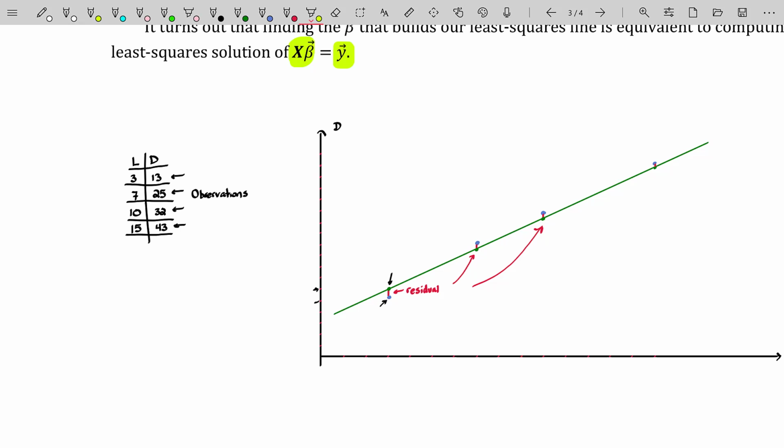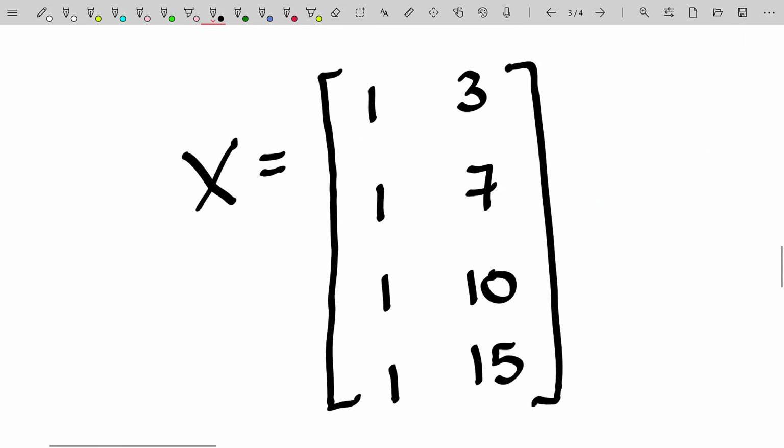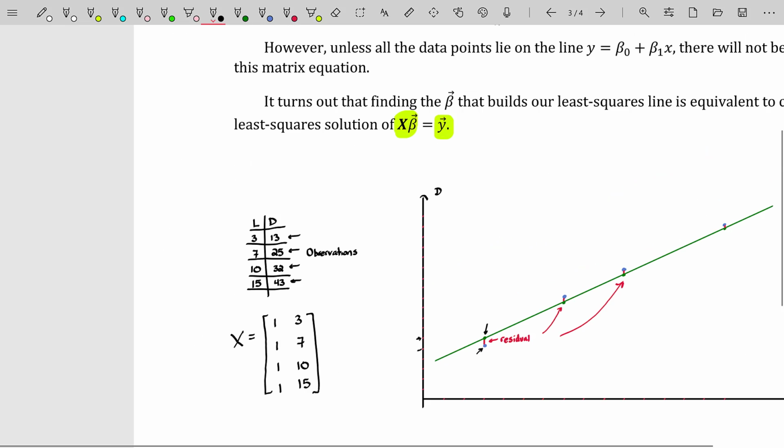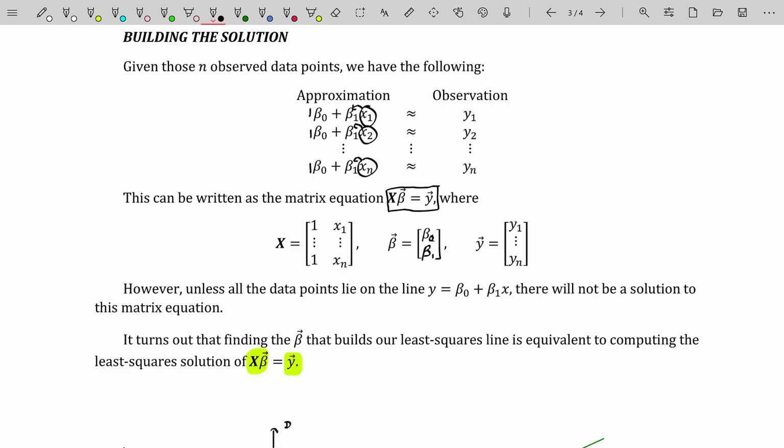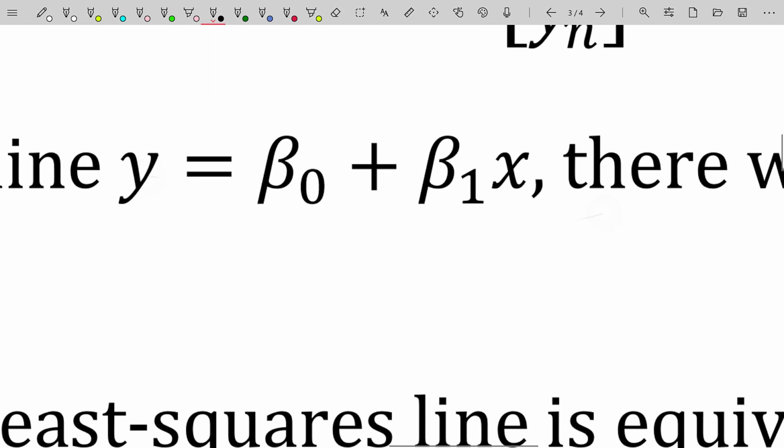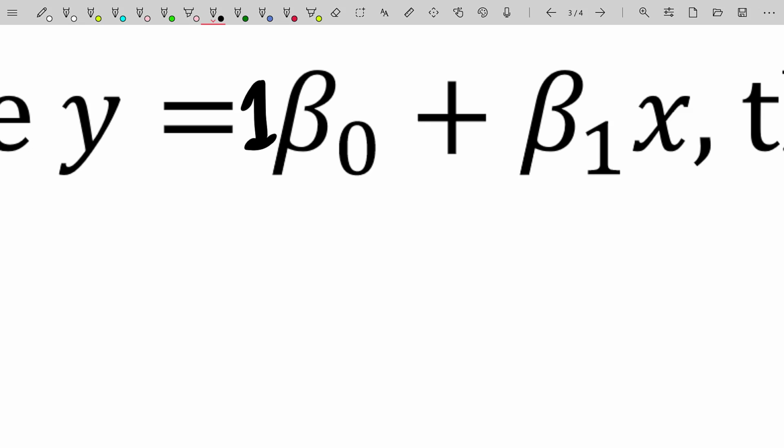So let's build a matrix X. Notice how that matrix X is built. The first column of the matrix is just ones, because the equation of the line that we're dealing with is 1 times beta sub 0 plus x, the x value, times beta 1.